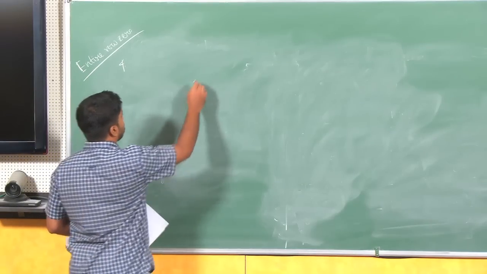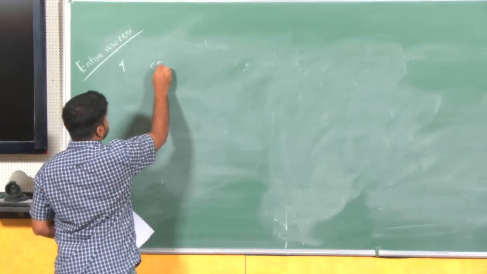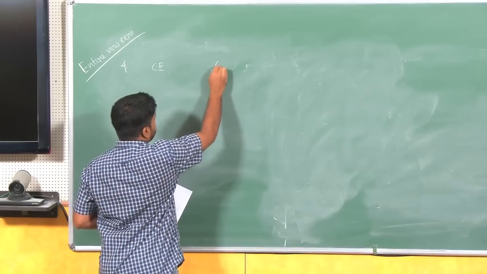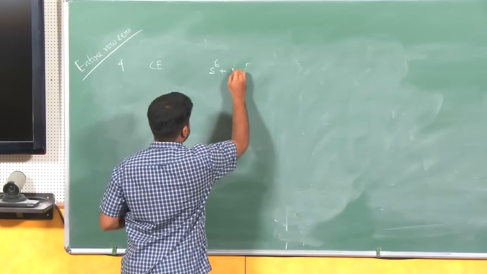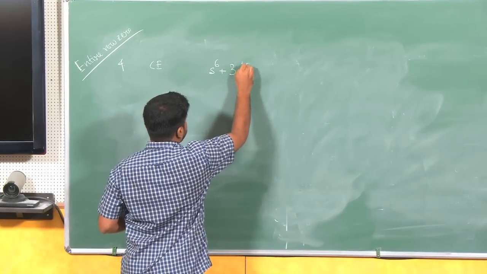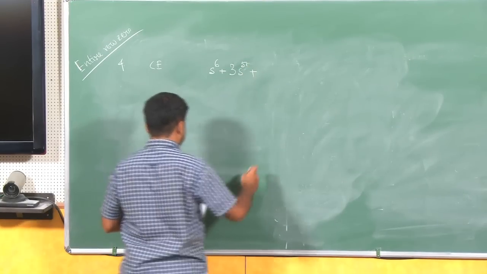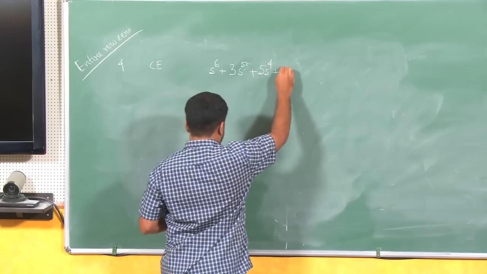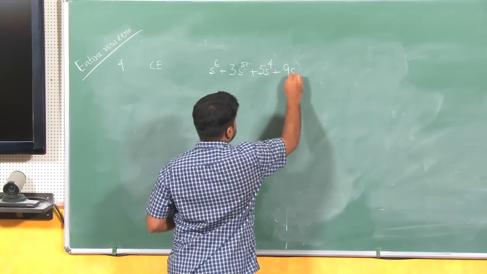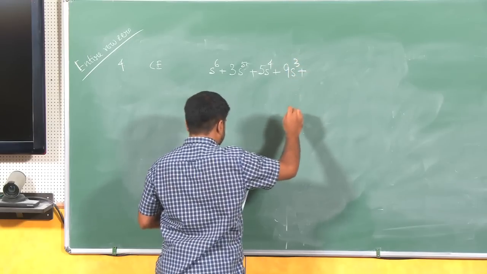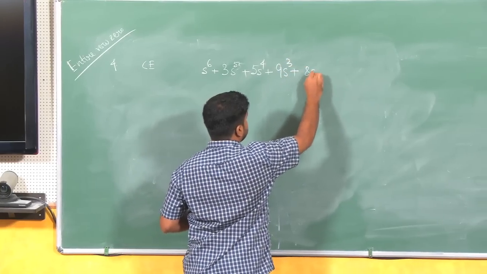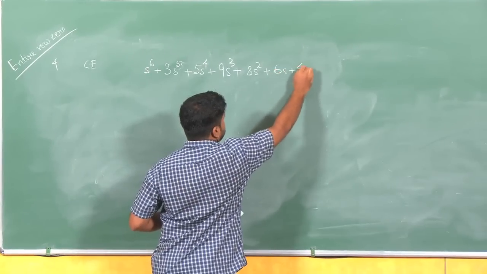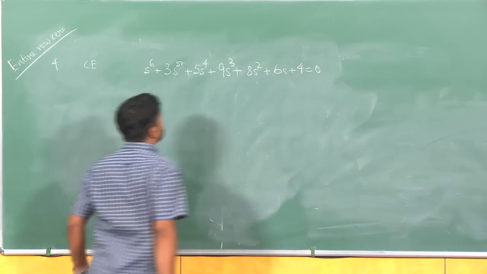So, let the characteristic equation be given by s to the power 6 plus 3 s to the power 5 plus 5 s to the power 4 plus 9 s cube plus 8 s square plus 6 s plus 4 is equal to 0.